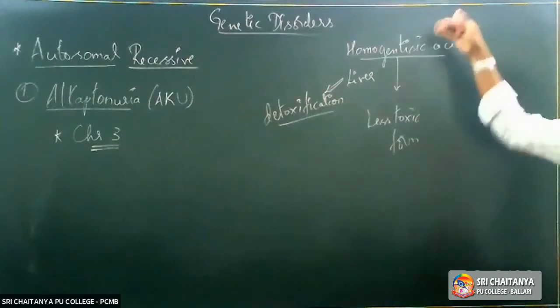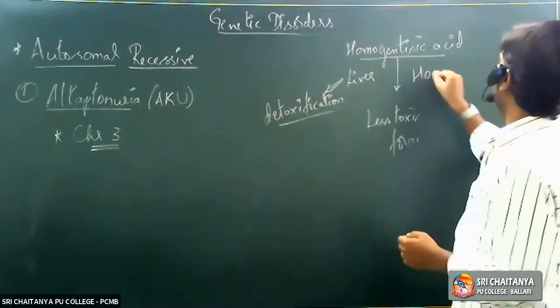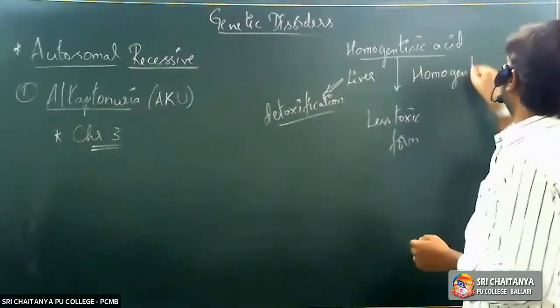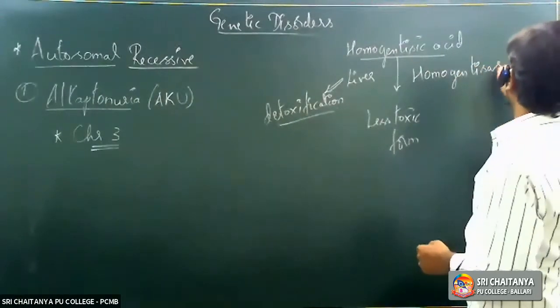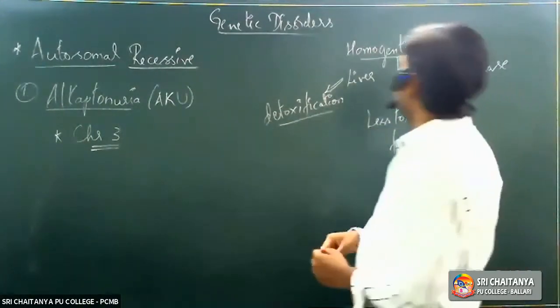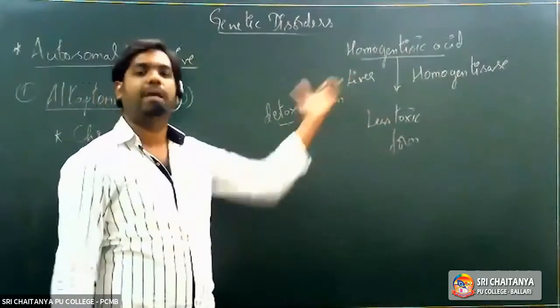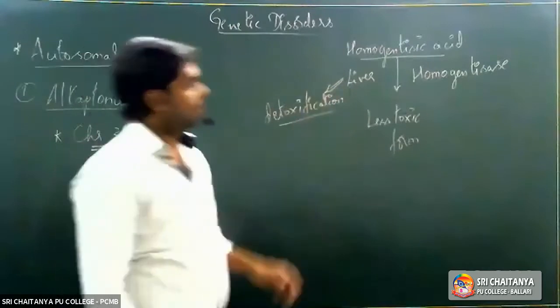For this conversion, an enzyme is required, and that enzyme here is called homogentisase. So this enzyme called homogentisase is involved in the conversion of homogentisic acid into a less toxic form in the liver. So this is the normal process.